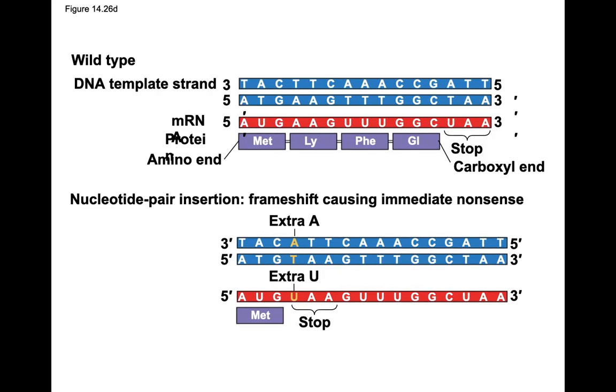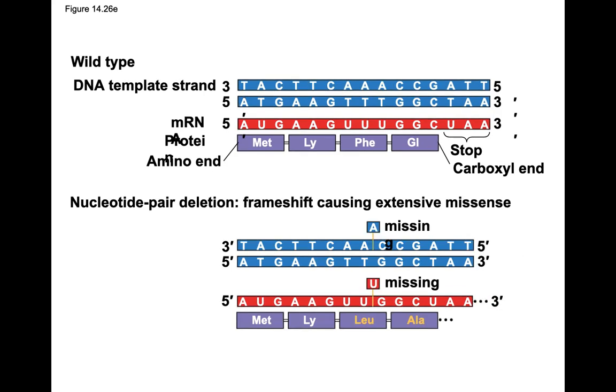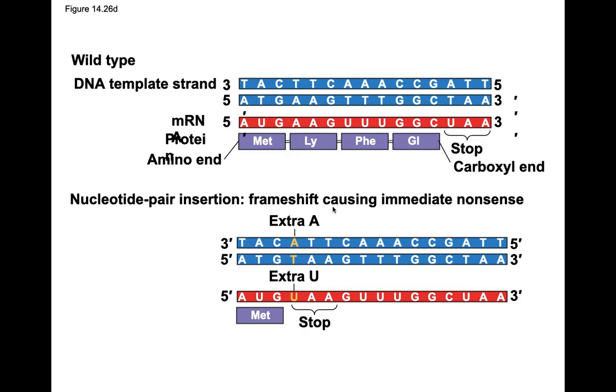And then we can also have a frameshift mutation, where we accidentally have an inserted nucleotide, which shifts all of the codons downstream of it one space over. And this often results in a completely new protein being produced, because all of the nucleotides are moved over one.